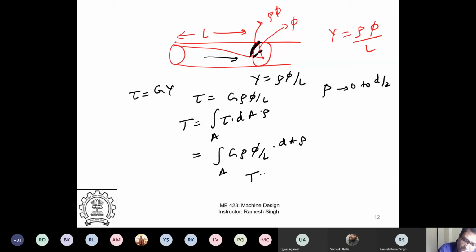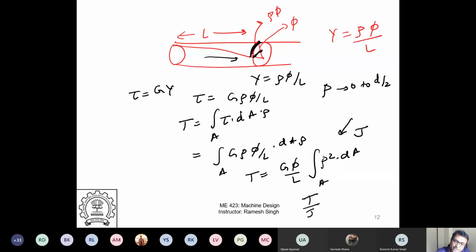So torque is equal to G phi over L times rho squared dA over A. This is nothing but J. So you will have T over J equal to G phi over L. And G phi over L is what?